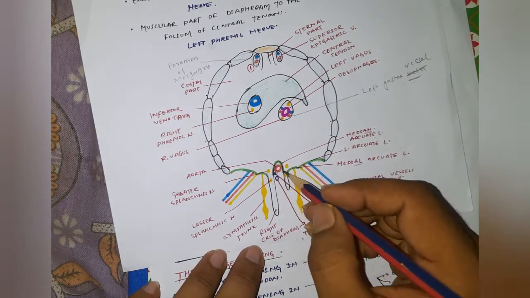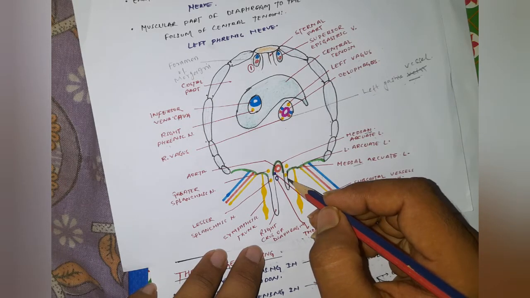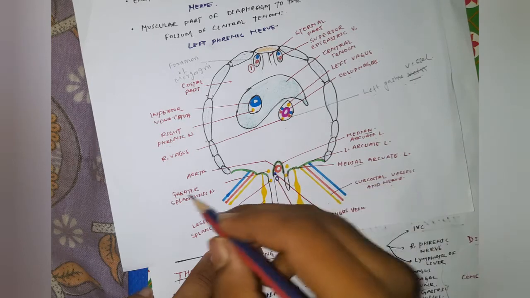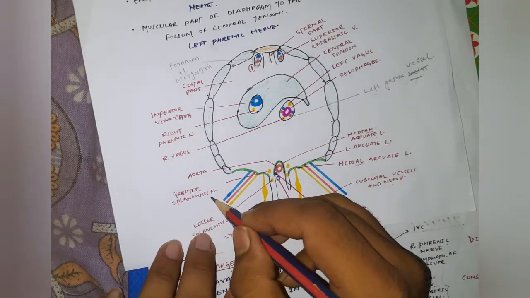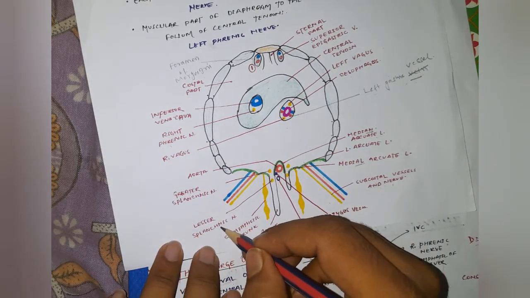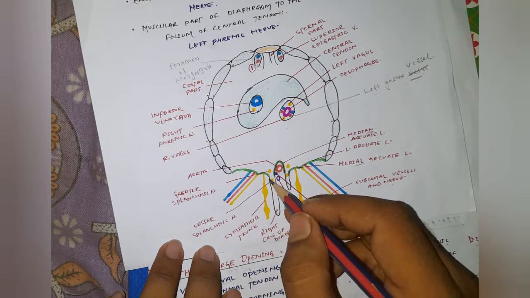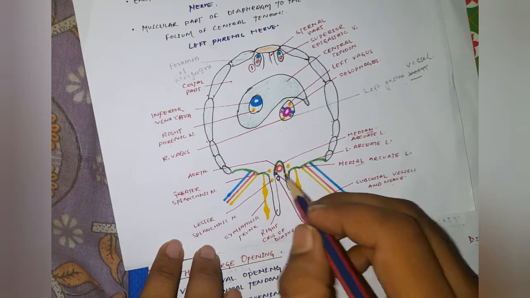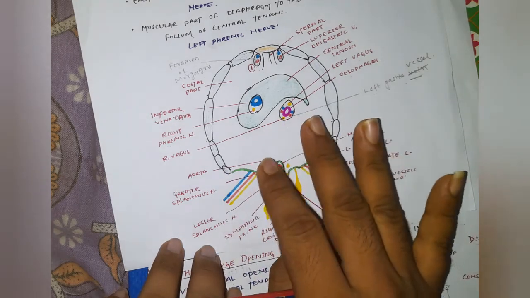This is the right and this is the left crus, and from here we see the greater splanchnic nerve and lesser splanchnic nerve. These structures are present on both the right and left sides.